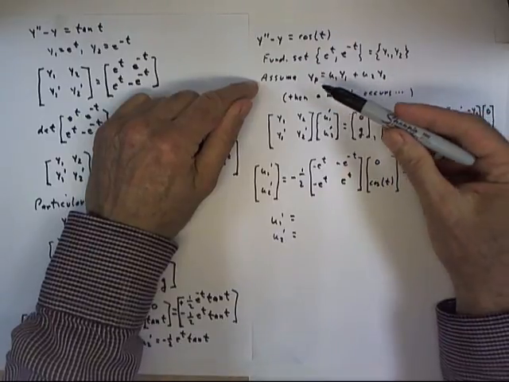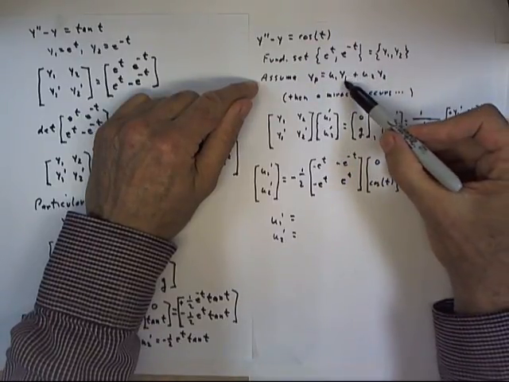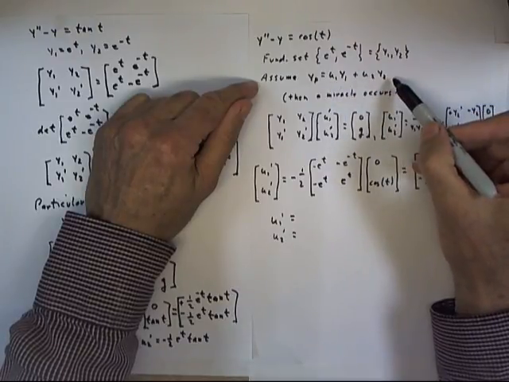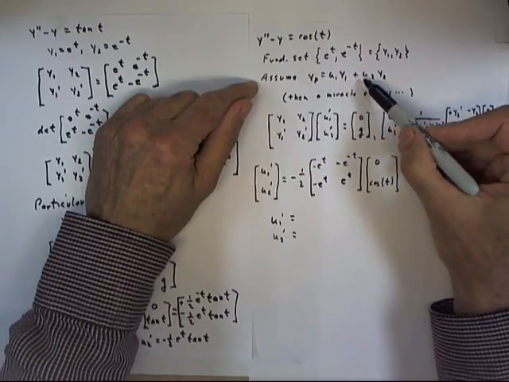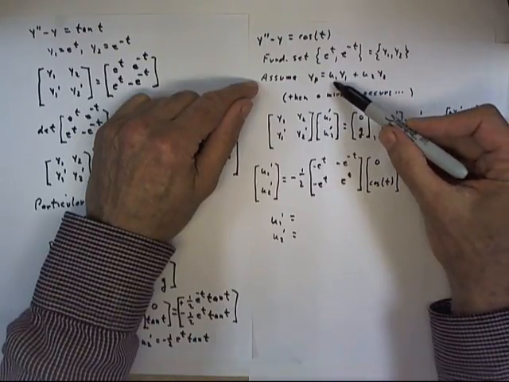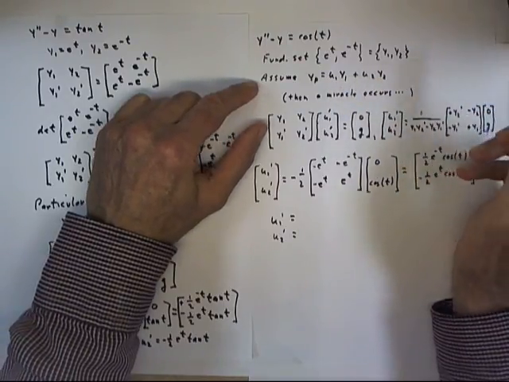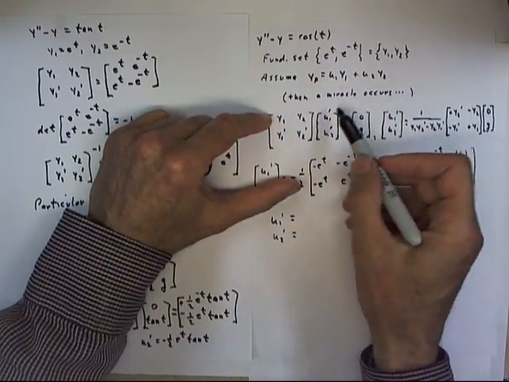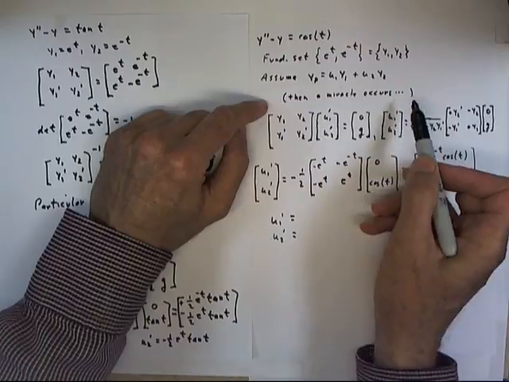Our assumption is that there's a particular solution that's a combination of y1 and y2, sort of like a linear combination, but it's not linear because u1 and u2, rather than being constant coefficients, are functions of t. So we make that assumption, and then we skip some steps. I say then a miracle occurs.